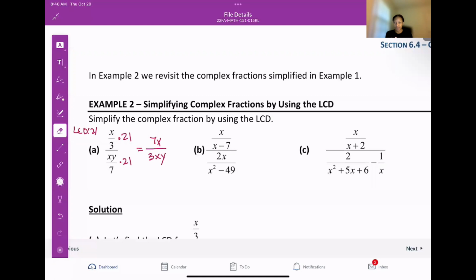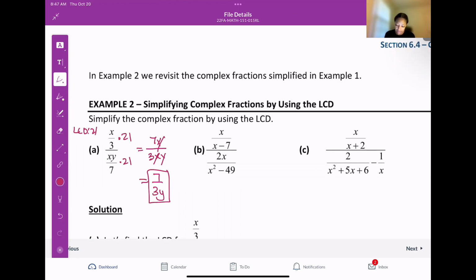Boom, just by multiplying by the LCD, we got rid of the fractions in the numerator and denominator. And now we just have one rational expression. We can cancel out the x's, and we have 7 over 3y. If you can easily find the LCD, this method works nicely, because once you multiply everything by the LCD, the problem looks a lot simpler.